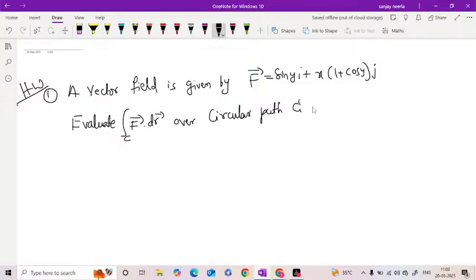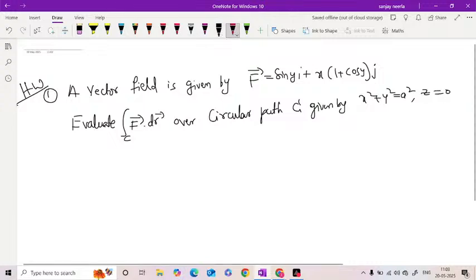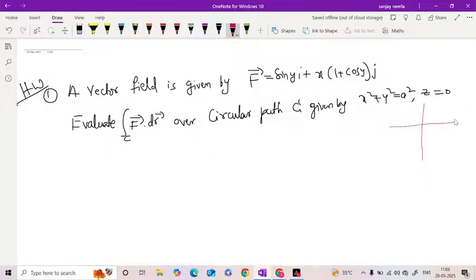So circular path C given by x square plus y square is equal to a square and z is equal to 0. It is a circle equation. Assume this is the y-axis and this is the x-axis, and this is the circular path, with a, minus a on each axis, so this is the path.